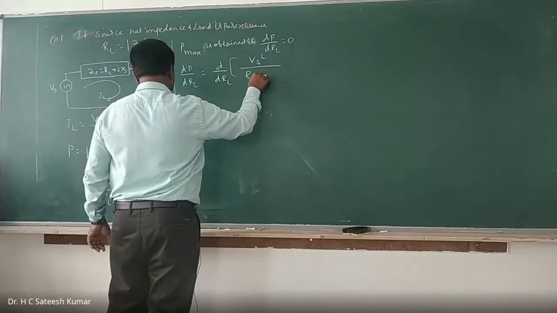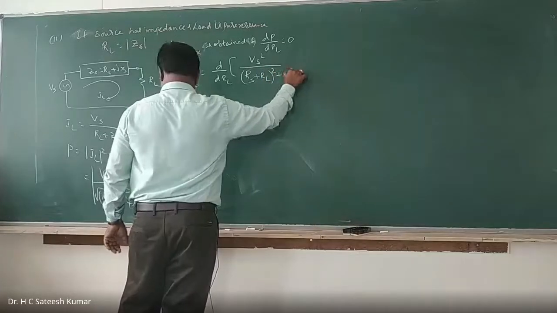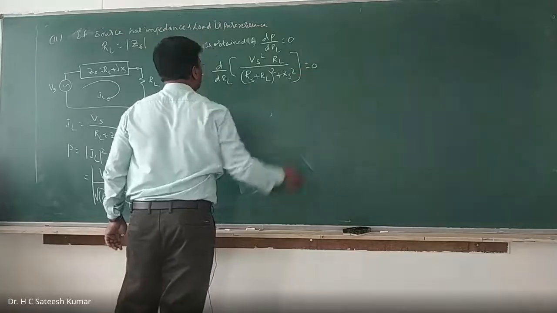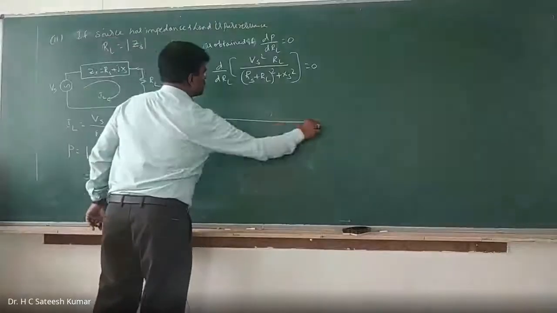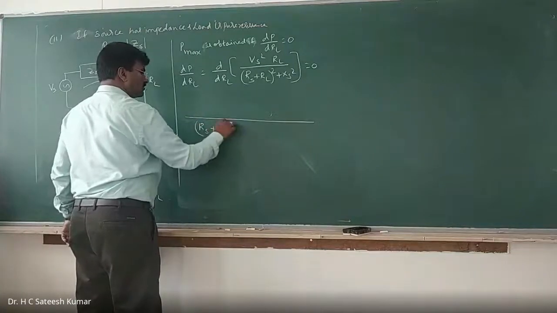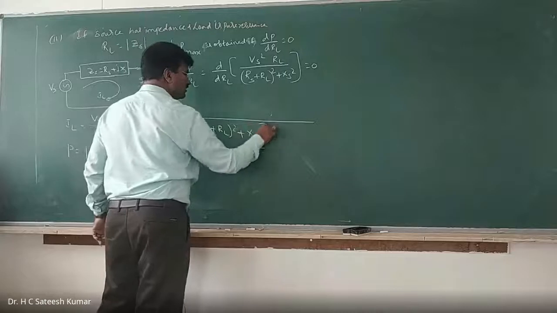(RS + RL)² + XS², all into RL, and this should be equated to 0. Denominator whole square, (RS + RL)² + XS² whole square.